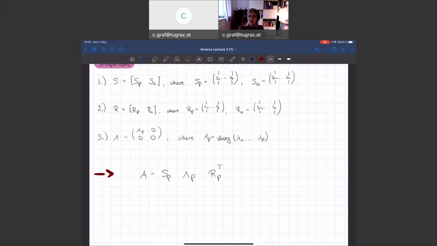However, we got rid of all the rows and columns within the matrices S, lambda, and R that did not influence the matrix A. So regarding dimensions, A is an m by m matrix, SP is m by p, lambda p is p by p, and finally RP is p by m.